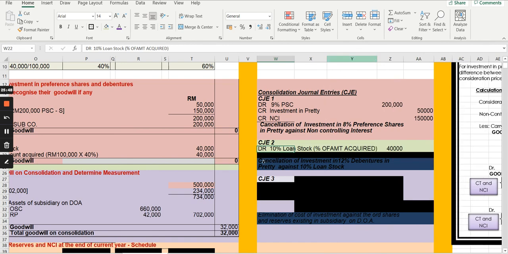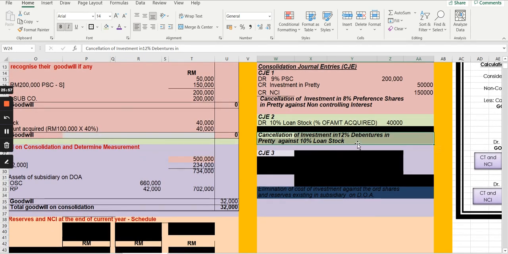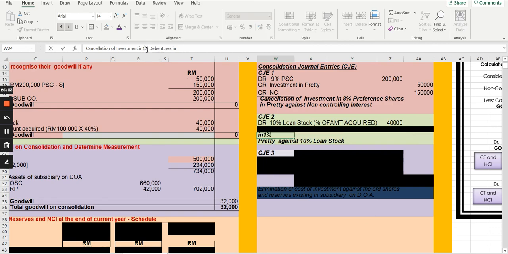This is done to cancel off the investment in the debenture. It is not 12%, it is 10%. There was a typo here, so just make it right straight away.